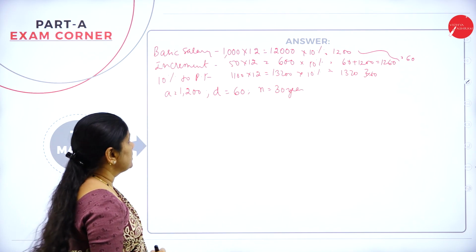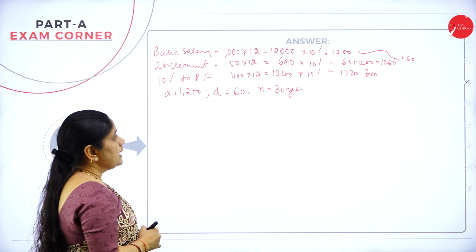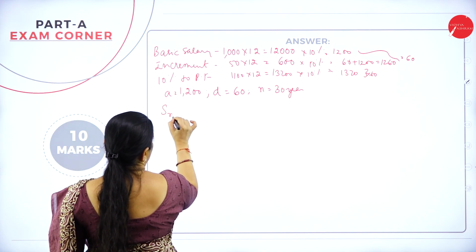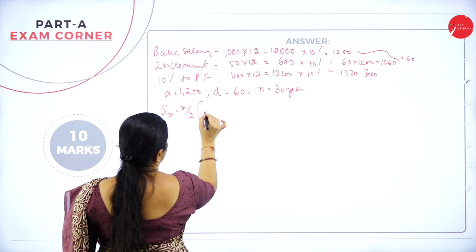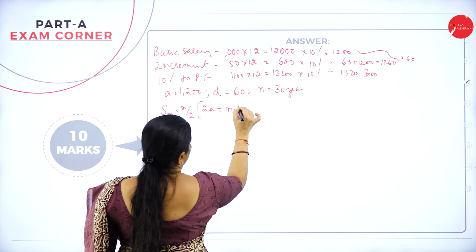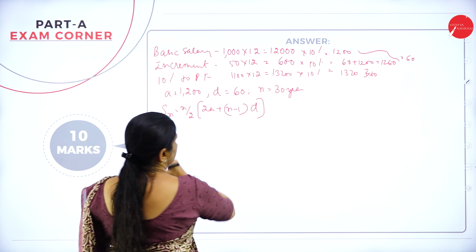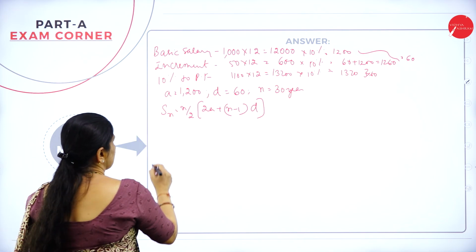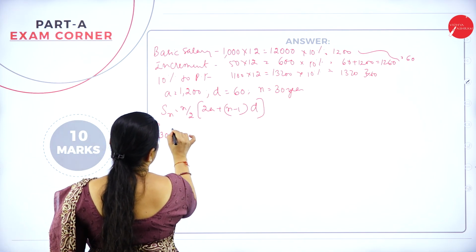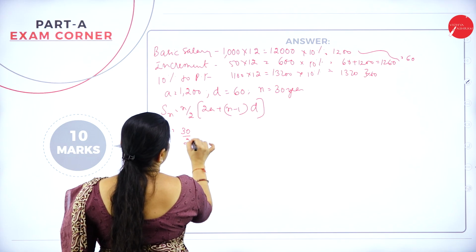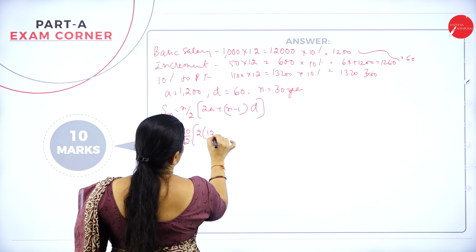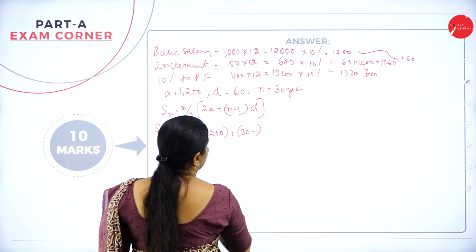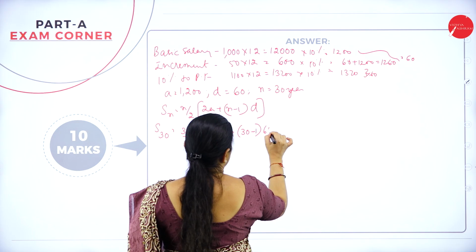We make use of the formula here: Sn equals N by 2 into 2A plus N minus 1 into D. So we know all the values, so we just substitute. S30 will be equal to 30 by 2 into 2 into 1,200 plus 30 minus 1 into 60.